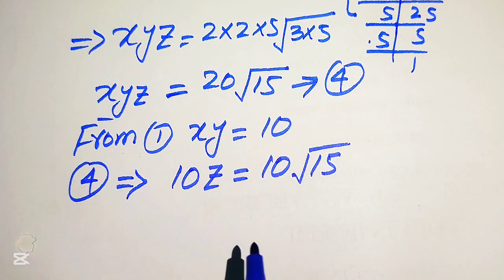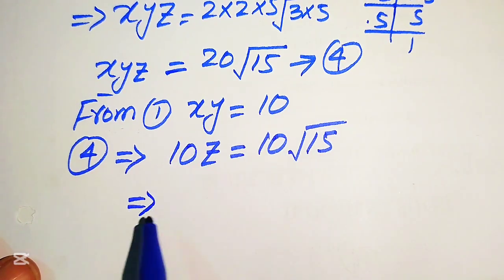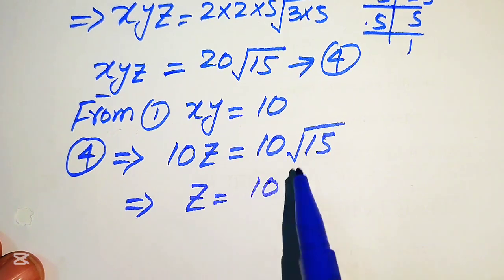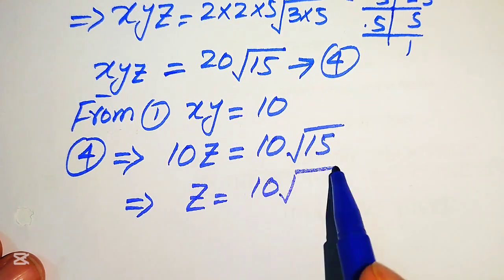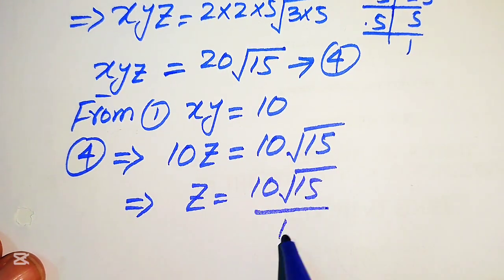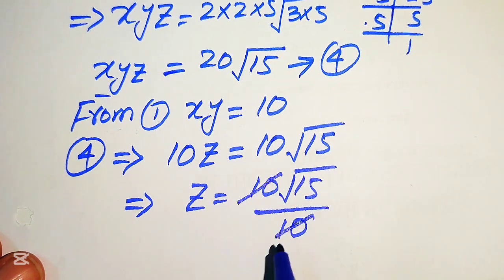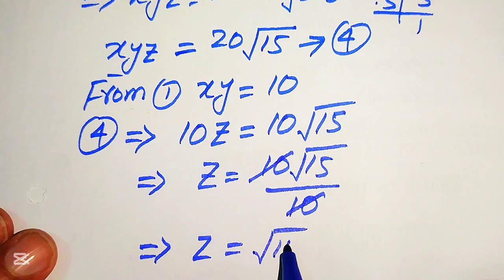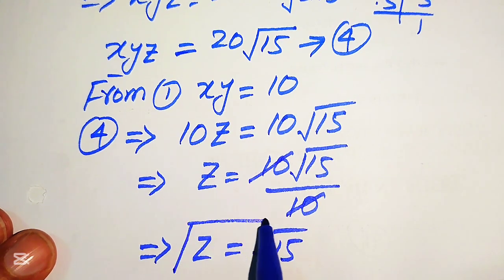So here we find the value of z. Now we move this 10 to the right hand side, and it becomes 10 times square root of 15 divided by 10. So this 10 is cancelled out by this 10, and we get z equals square root of 15.